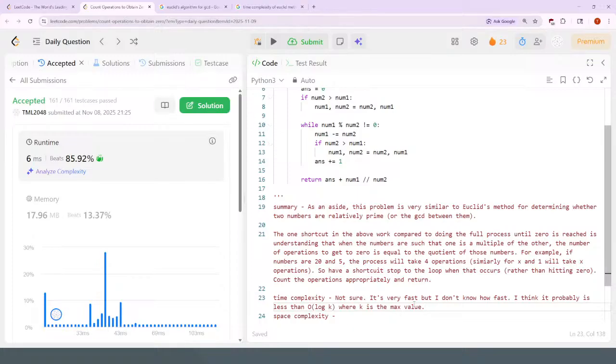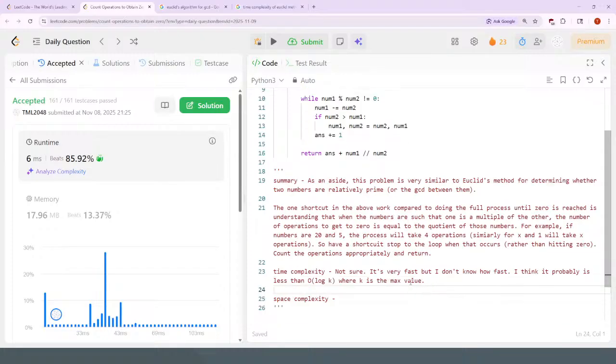Where k is the max value. Okay, well I guess k should be the min value. Oh, I guess it's less than this, so I wasn't incorrect when I say it's less than that. It's really imprecise though. Okay, well, I'll just leave it at that.